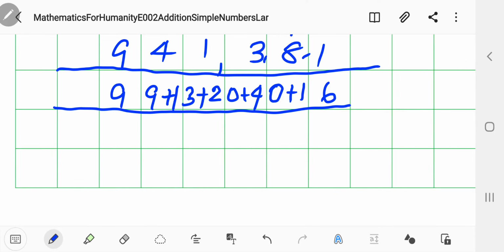Here you bring down the 6. 0 plus 1 is 1. 0 plus 4 is 4. 3 plus 2 is 5. But here you have 9 plus 1 is 10.